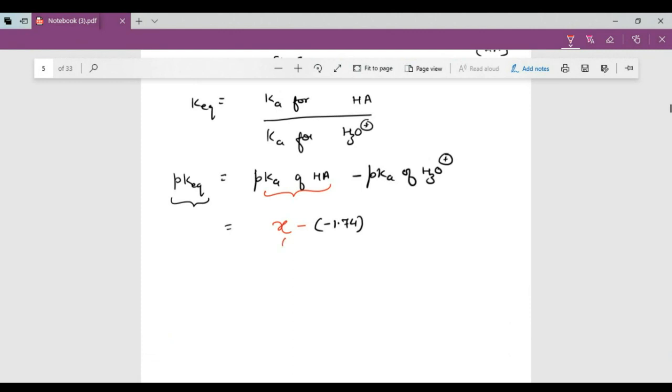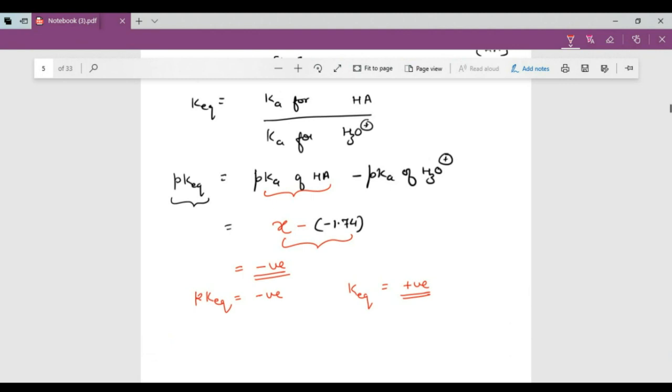As far as this value comes out negative after solving, if pK equilibrium is coming negative, then K equilibrium will definitely be positive, that is, greater than 1.